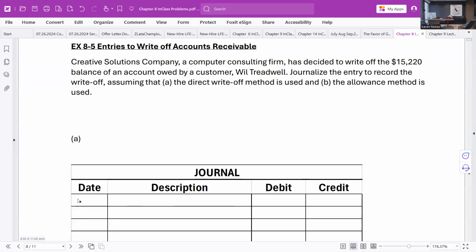Let's write it off. That means that we're going to go directly to that bad debt expense account. That's what we do under the direct write-off method.